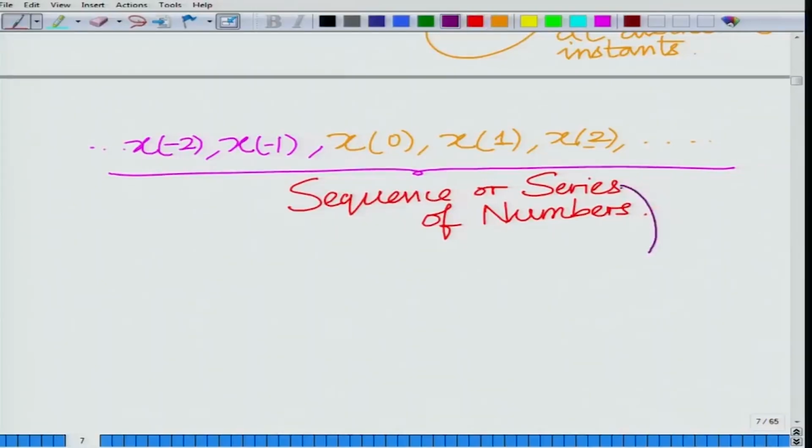For instance, if the signal is in time, it is a discrete time signal, all right. Naturally, similar to discrete time signals, you can also have discrete space signals: continuous time, continuous space, discrete time, discrete space.